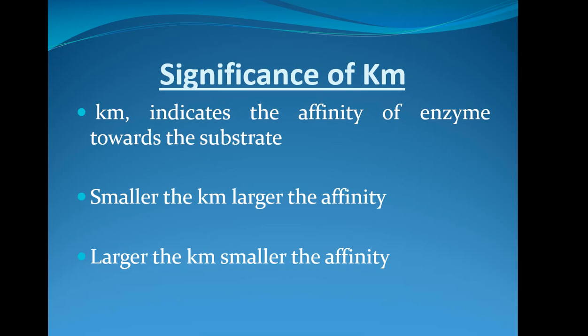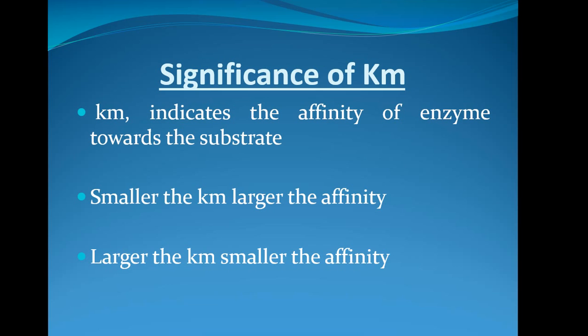Affinity we have already discussed, but I am repeating the same slide. Km is the Michaelis-Menten constant. It indicates the affinity of enzyme towards the substrate. Smaller the Km, larger the affinity, and larger the Km, smaller the affinity.